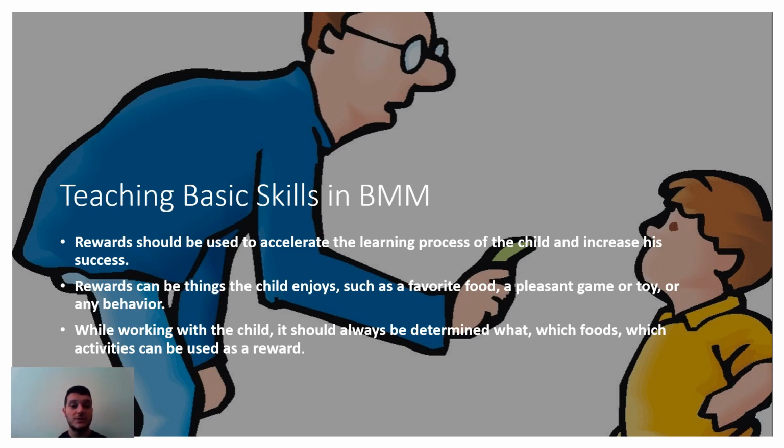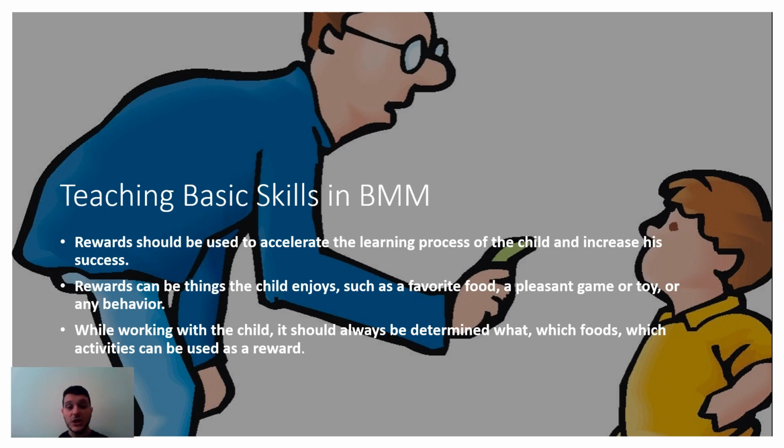While working with the child, it should always be determined which foods and which activities can be used as a reward. Well-chosen rewards will be the biggest help when trying to teach new skills. Especially using food, if the child likes food and does not have any eating problems, is the quickest and shortest way to teach new skills.